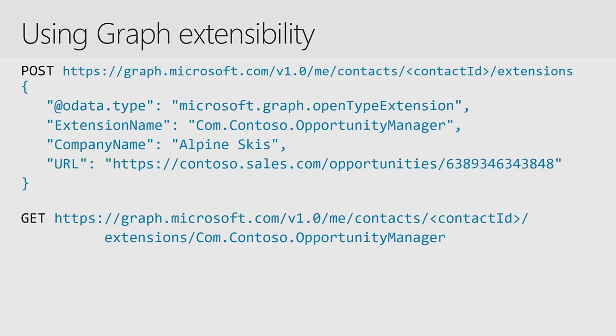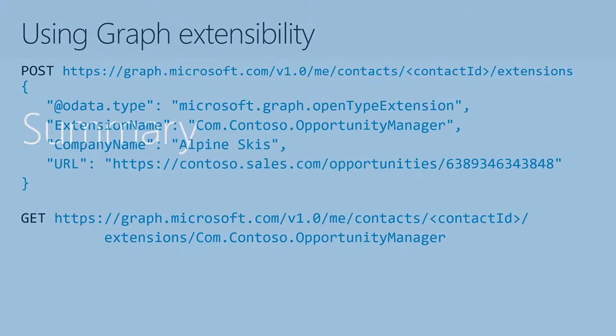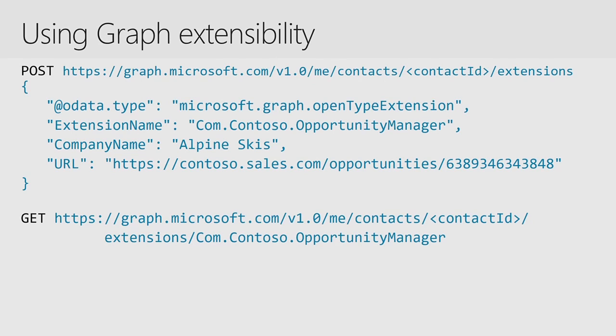Then to get that data back, it's just a GET to the object, the contact ID, and extensions, and then we append the extension name we used when we created it.